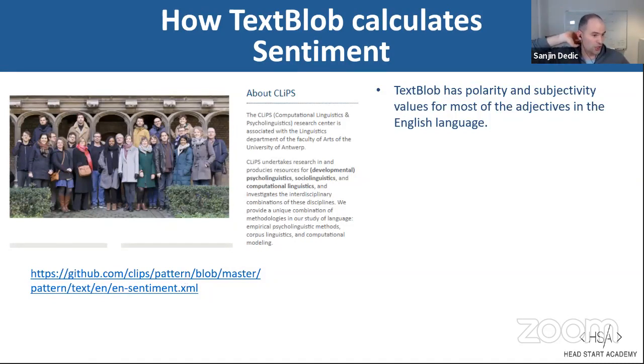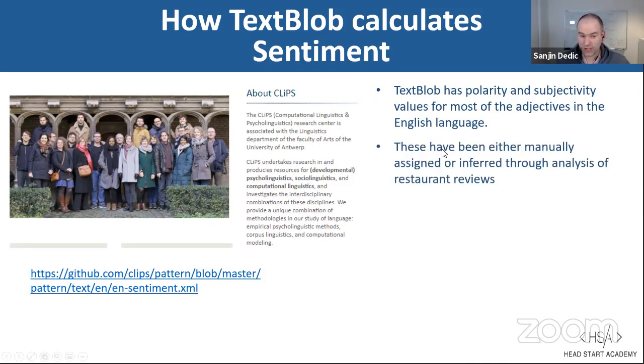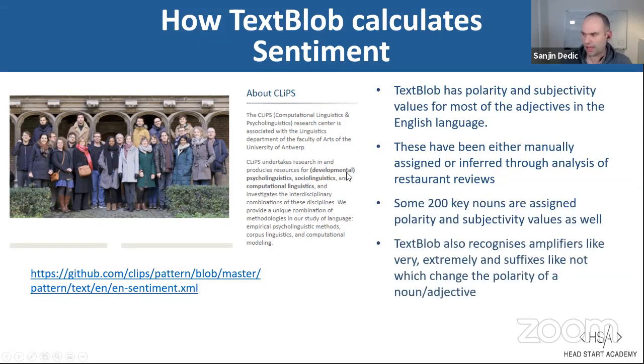The way that was achieved was through study of restaurant reviews from Yelp. They correlated adjectives with star reviews, and then they removed words that have double and triple meanings, and they came up with something that is about 80% accurate.